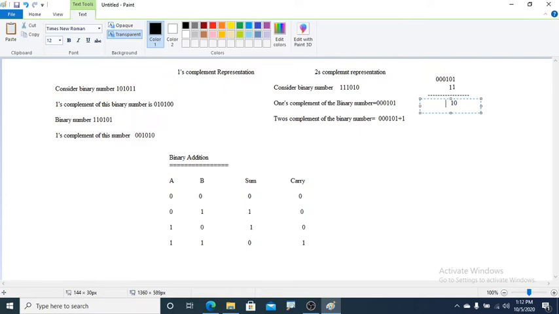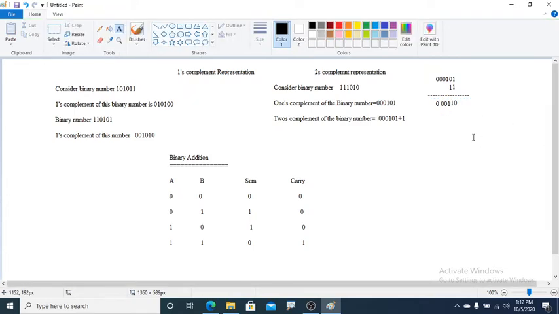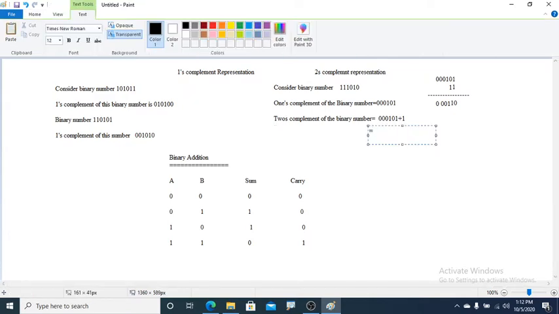Before that, here 0, here 0, here 0, here 1, so this is the final value. So this is the 2's complement of this binary number. Finally I am writing here 0 0 0 1 1 0.